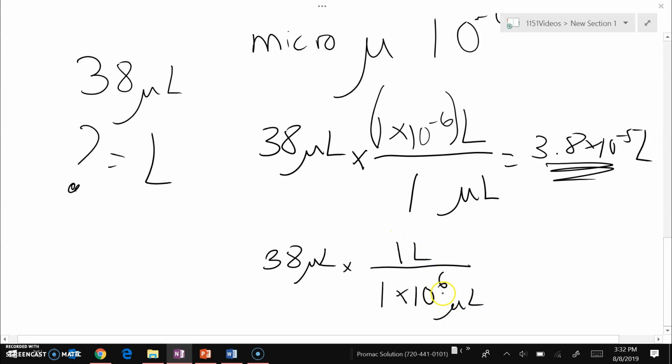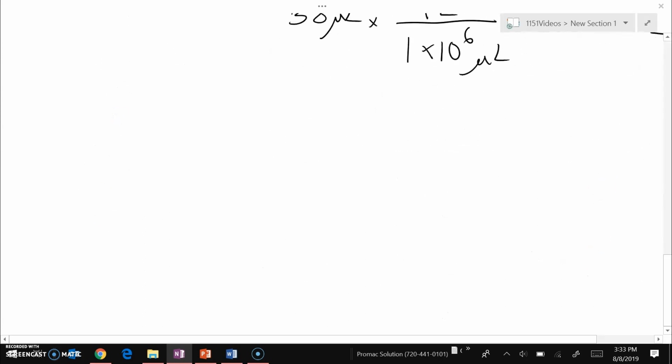You know that there are 1 times 10 to the 6th micro, whatever they are, micrograms, microliters, microseconds, okay, in one of the base unit. That'll give you the exact same answer. You need to know what works with your brain and what you would like to memorize.